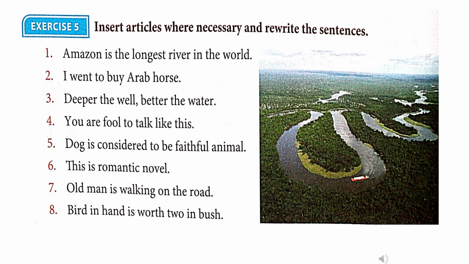This is a romantic novel. 7. Old man is walking on the road. An old man is walking on the road. 8. Bird in hand is worth two in bush. We can use a. A bird in hand is worth two in bush.